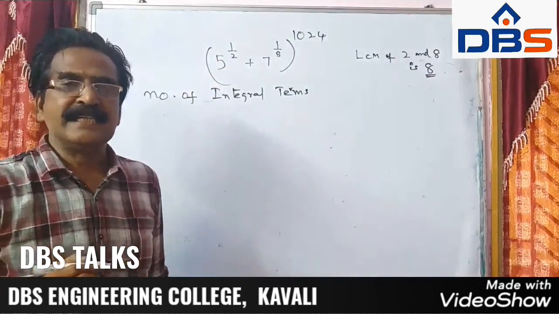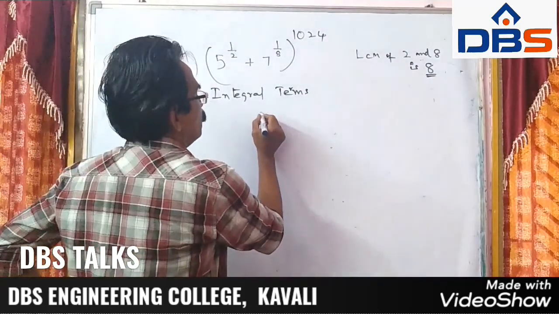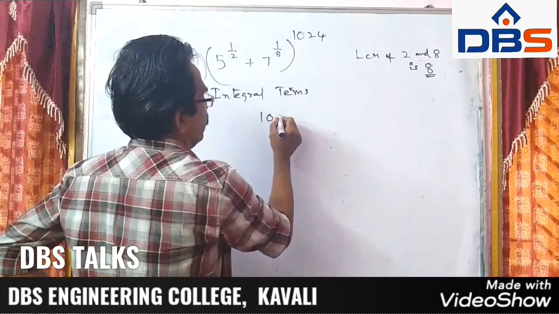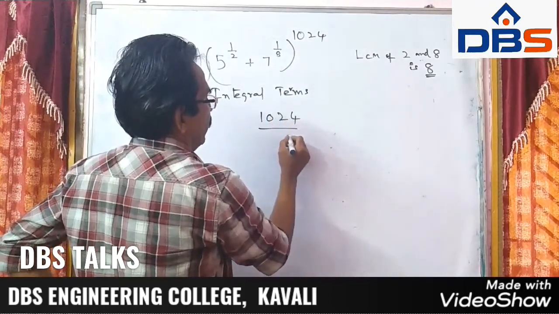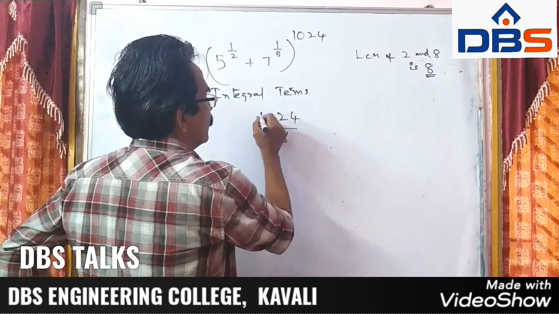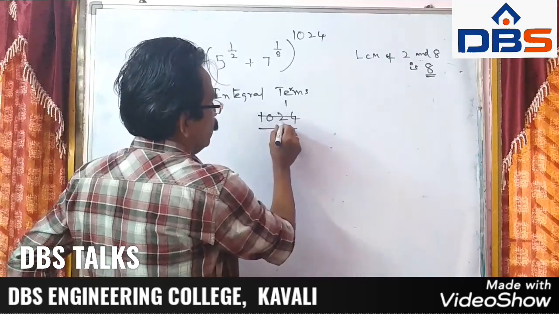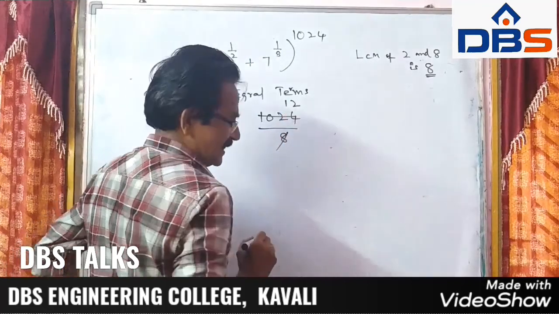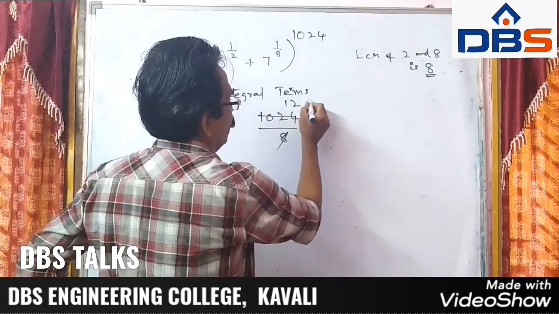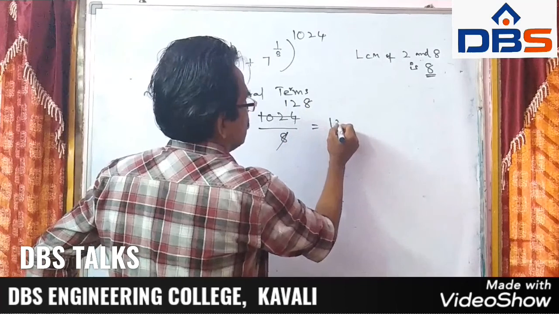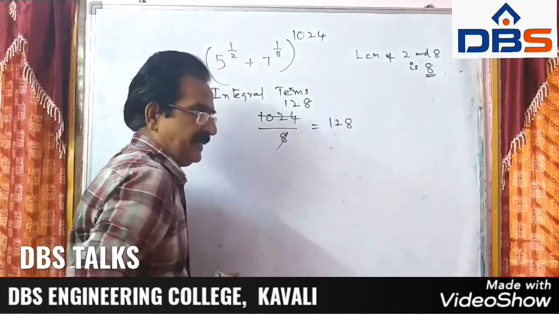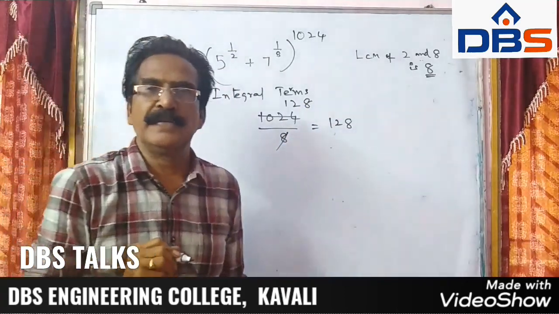Now we have to divide 1024 by 8. 8 ones are 8, 8 twos are 16, 8 eights are 64. This is equal to 128.